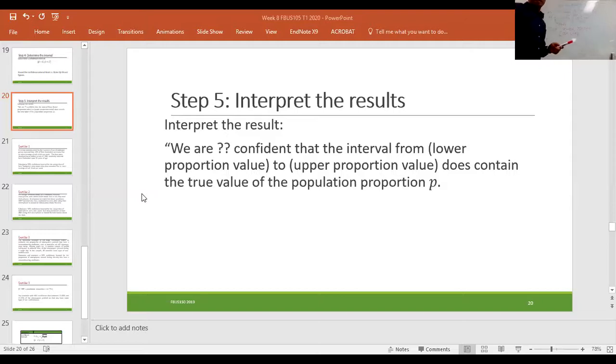If you write 95 instead of 90, it will be completely wrong. So we are 90% confident that the interval from 0.1308 to 0.2192 does contain the true value of the population proportion P. Full stop. Job is done.